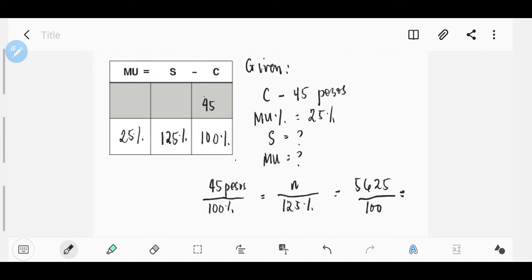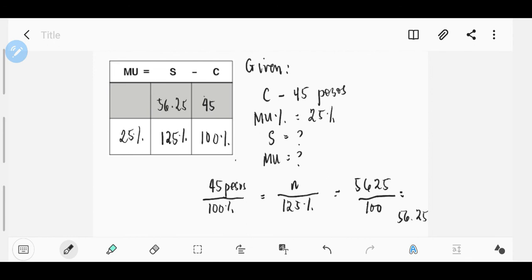So, yan ay magiging 56.25. Yun yung ating selling rate.